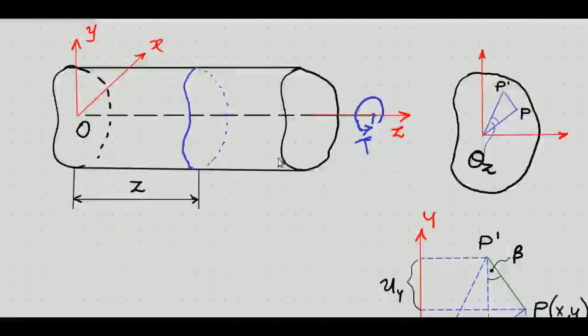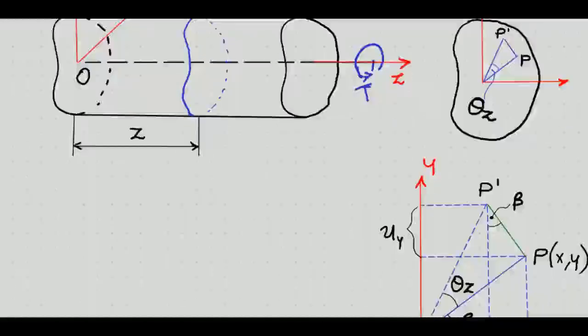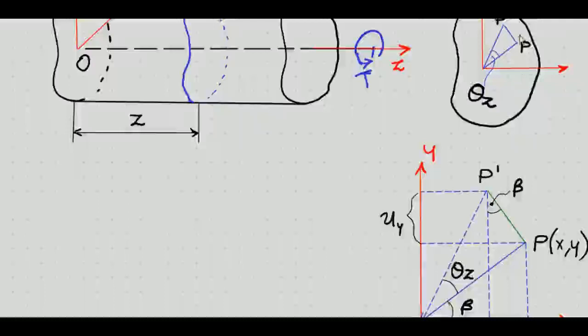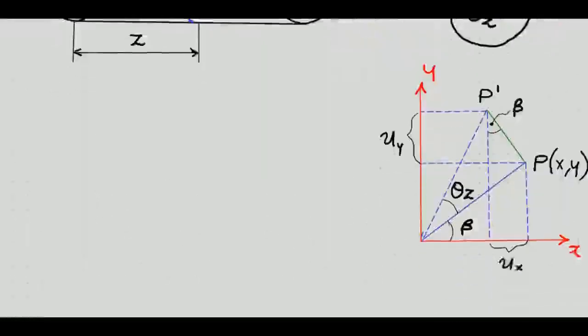If theta is the angle of twist per unit length, the rotation of this point will be theta z, since the distance is z. Any line will be rotated by angle theta z. The other deformation is the warping, which we will discuss later.